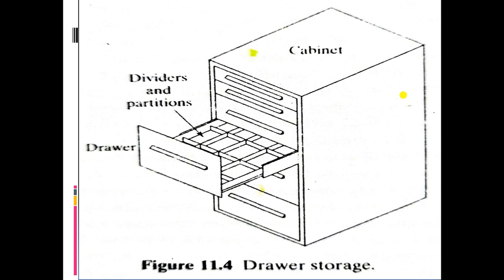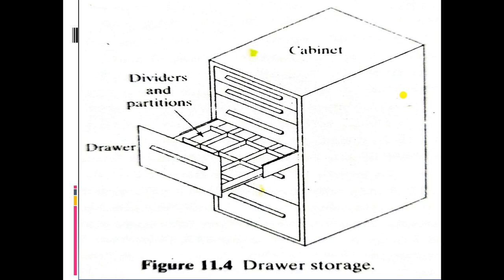Then this is a drawer storage, simple drawers for the table. In that way, we can store the delicate or costly items, or the tools, hardware, etc. in the drawer.